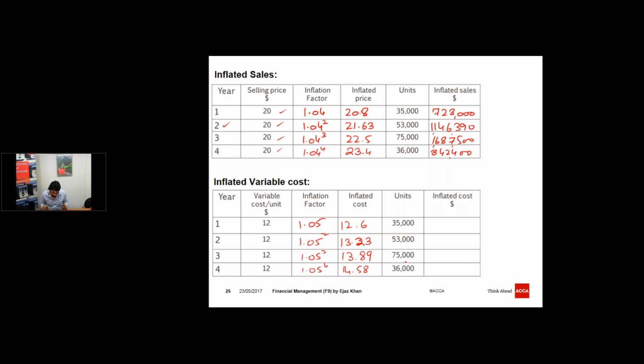What will be the total cost for year one? The total cost for year one. Okay, 441,000.